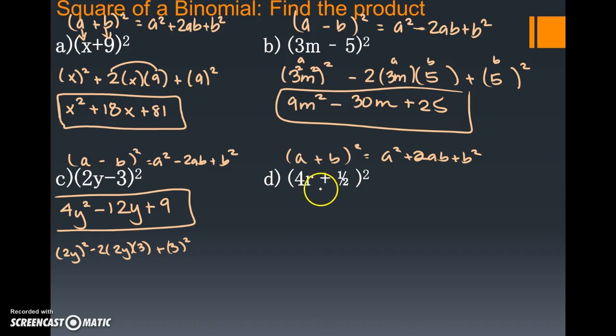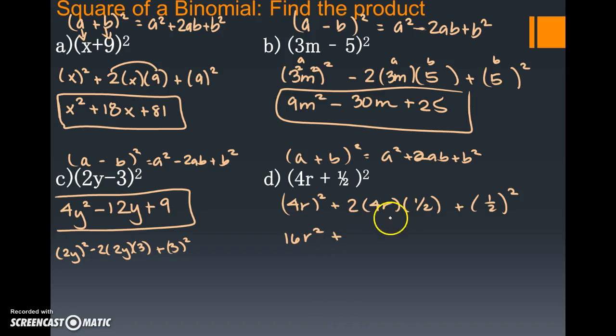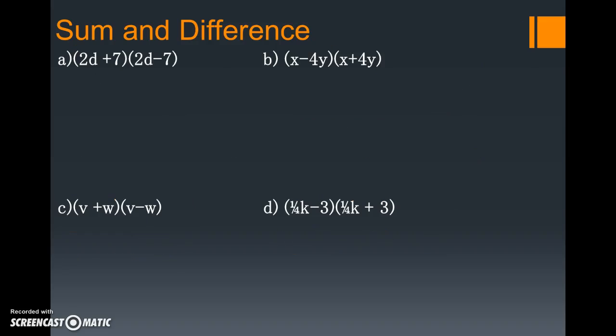Okay, square the first term, and this has fractions, so I'm not going to try to do this in my head. (4r)² plus 2ab: a is 4r, b is 1/2, friendly fraction, I like it, plus (1/2)². 4 squared is 16, r squared is r², plus 4 times 2 is 8, 8r times 1/2 is 4r. And then plus (1/2)²: 1 squared is 1, 2 squared is 4. There you go. All right, let's keep it pushing.